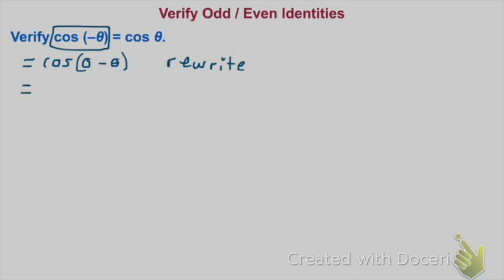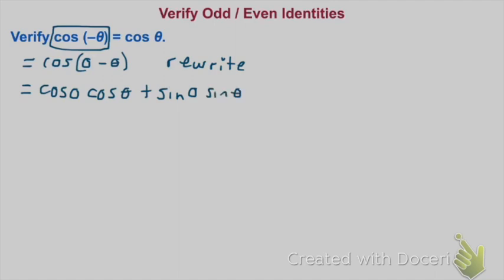We now have a difference, so we can use our cosine difference identity. When we do this, we have the cosine of the first, which is cosine 0, times the cosine of theta. And we have a difference, so we're going to do plus the sine, this is right off of our identity sheet, of 0 sine of theta.